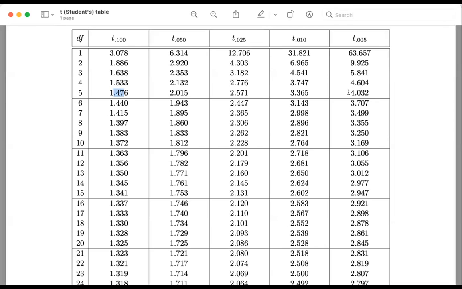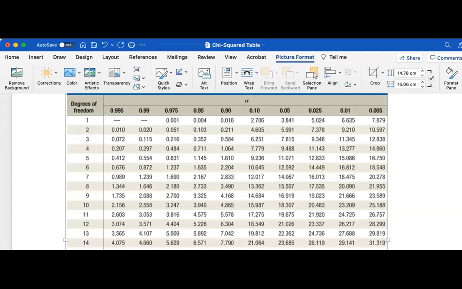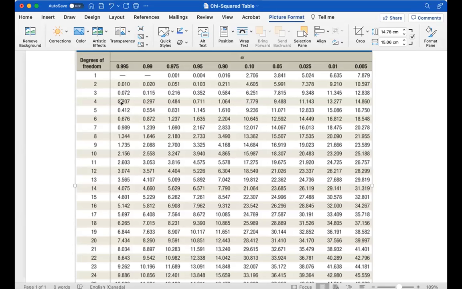4.23. Oh, sorry, I'm looking up the wrong table. So 5.